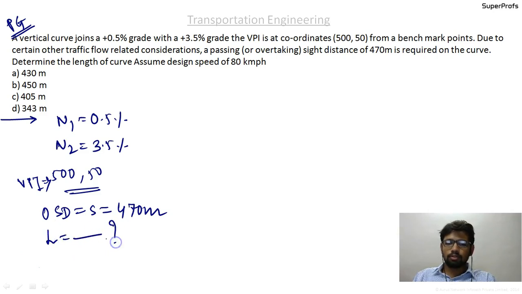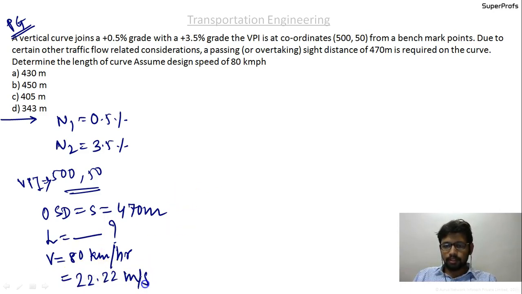And assume a design speed of 80 km per hour. So V is equal to 80 kilometers per hour, please convert it into meters per second. So 80 into 5 by 18, the answer is 22.22 meters per second.